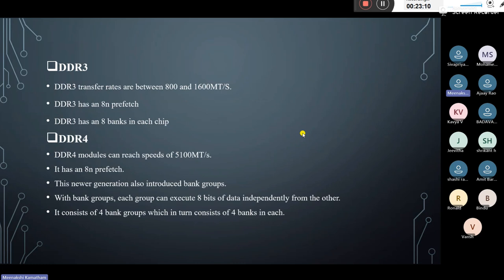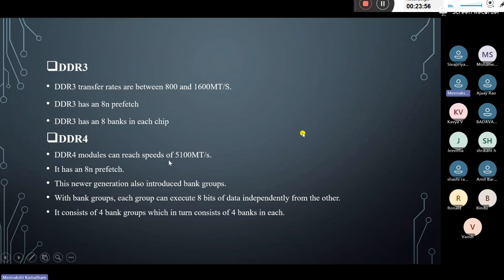Coming to DDR3, it transfers 800 to 1600 mega transfers per second, with frequency up to around 3200. I don't remember the DDR4 values clearly, but we used around that much frequency.